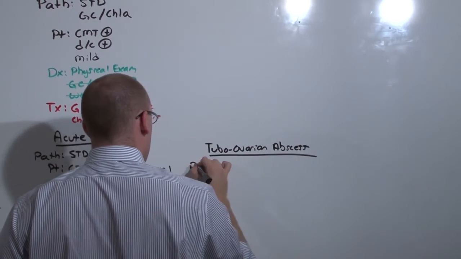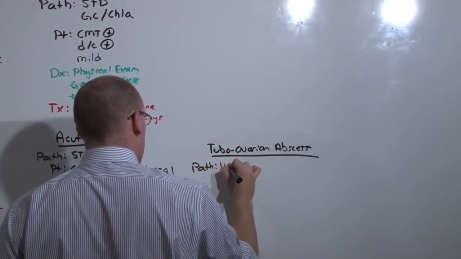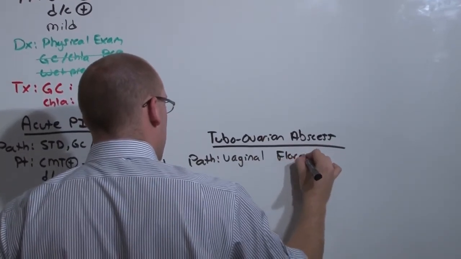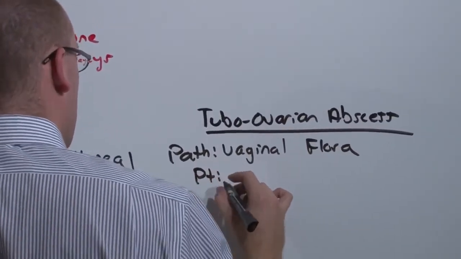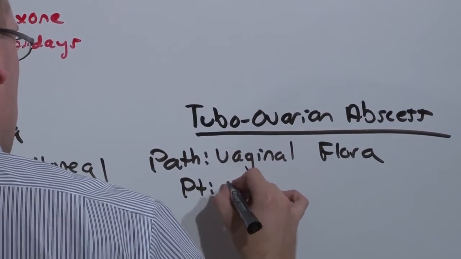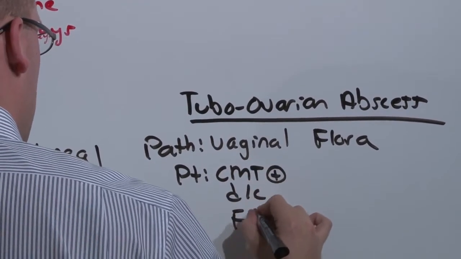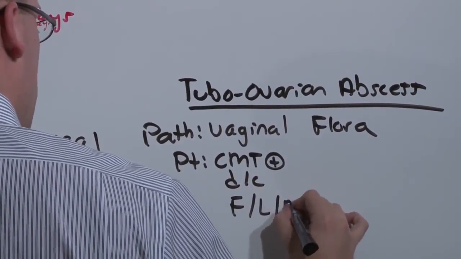This is essentially vaginal flora that has gained access to the normally sterile uterus. And the patient is going to be sick. They're going to have the cervical motion tenderness of acute PID. They're going to have discharge, fever, leukocytosis, and abdominal pain.